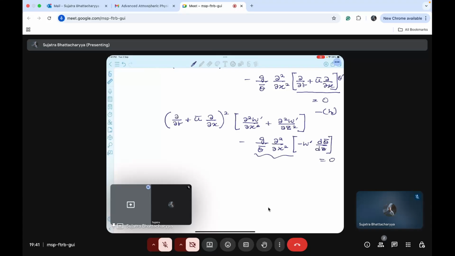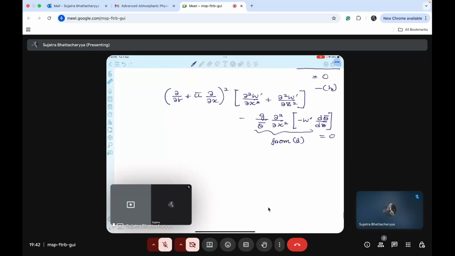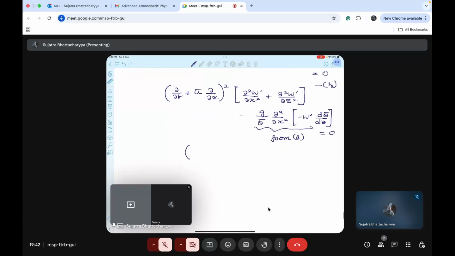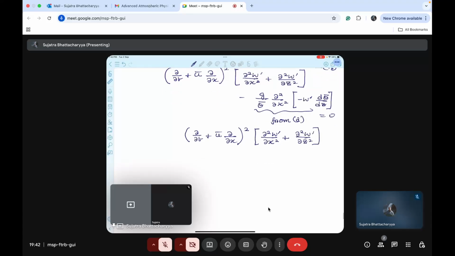This comes from D. Okay, now further you can just solve u bar del del x whole square del square w dash by del x square, del square w dash del z square. I think this is a very bad expression, but this is to be done like this.